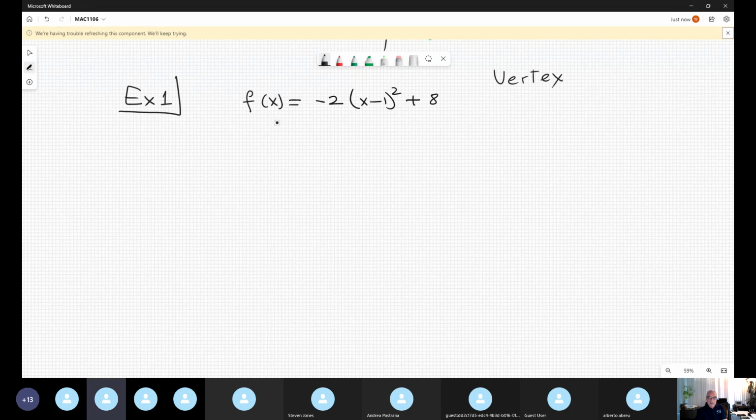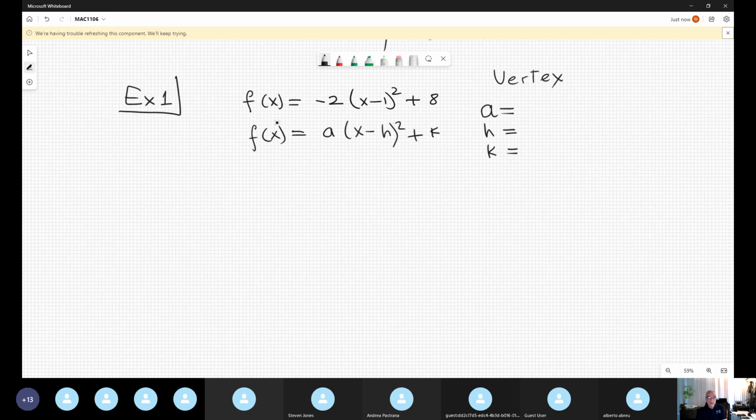Okay, so who is A? Who is H? And who is K? Be careful because it's a little bit tricky. Who is A? You compare. Look, the general format for the vertex form is A parenthesis x minus h squared plus k.